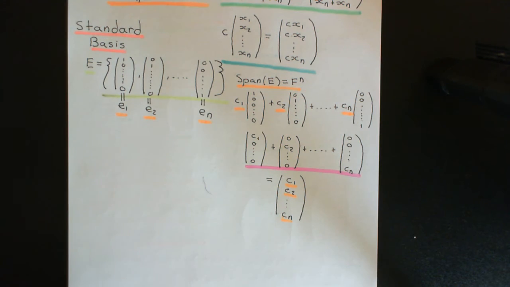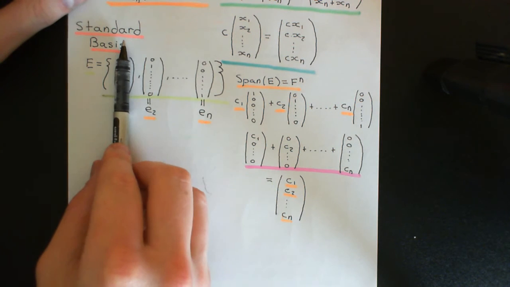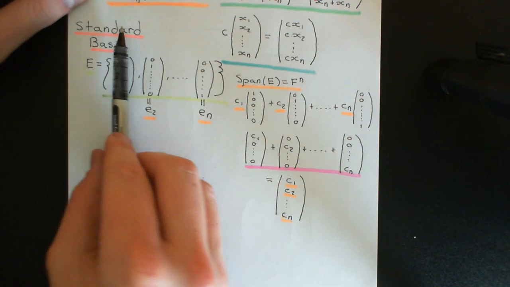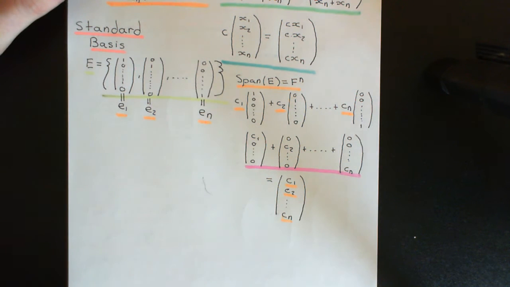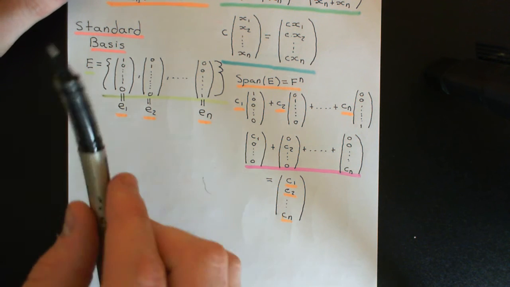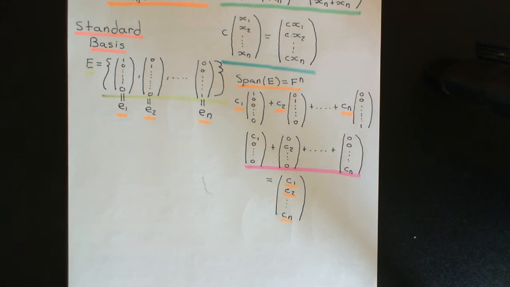In fact, I shouldn't say you, generally people think that these are a fantastic basis to use because of the symbols. The symbols make them look beautiful. But as far as the entire vector space is concerned, there is absolutely nothing special about this basis whatsoever. It is equivalent to all the other bases. It is only special because of the symbols, basically.